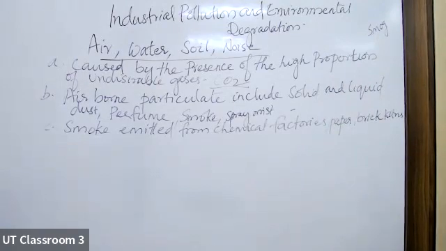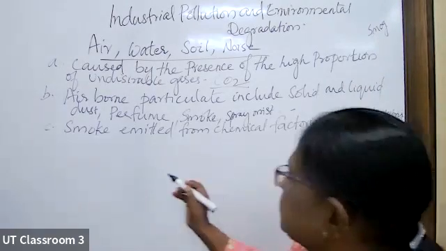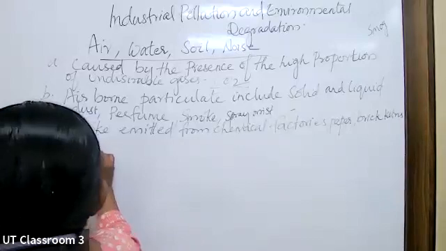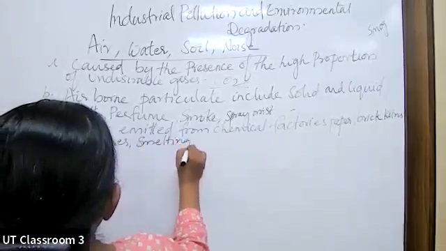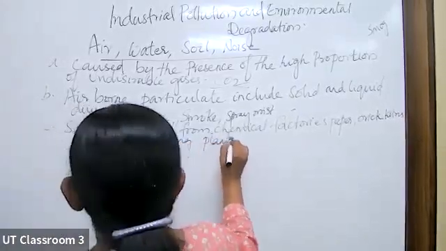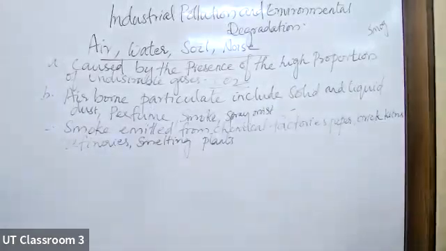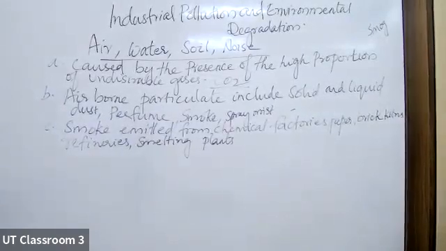Then another is refineries and smelting plants. Oil refineries are there, and the smoke released from them also causes harm. Then another one is the smelting plant, where iron and aluminum are melted. The smoke that comes from smelting plants also pollutes.